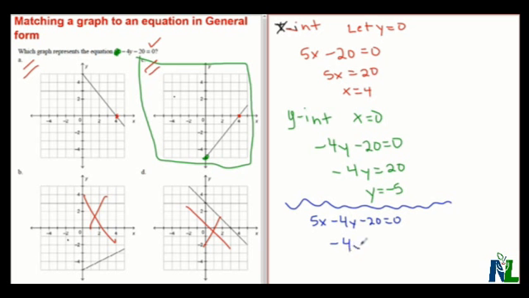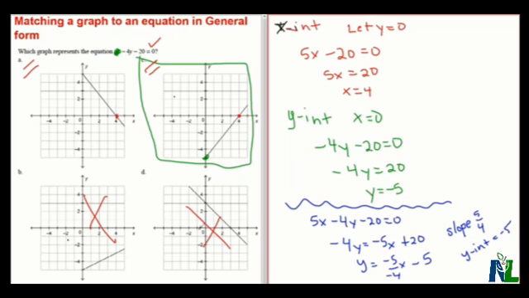Negative 4y would equal negative 5x plus 20, and y would equal negative 5 over negative 4x subtract 5. And here we would see that the slope would be 5 over 4, and the y-intercept would be negative 5.